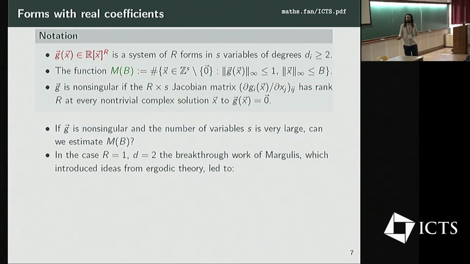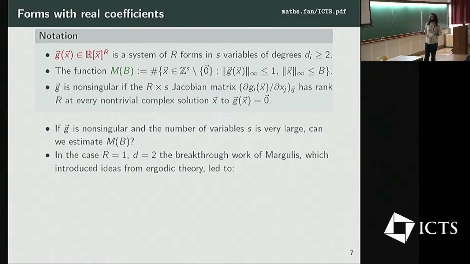It's one of the go-to methods. And for this kind of problem, the circle method has some difficulties in applying it, and so one of the leading approaches instead is to use methods from ergodic theory.